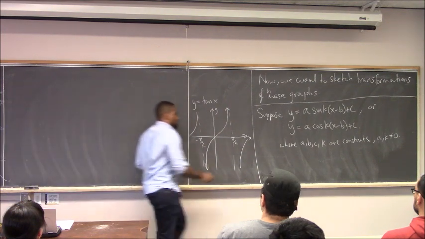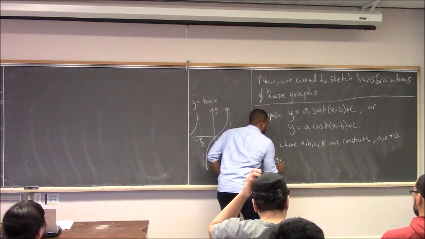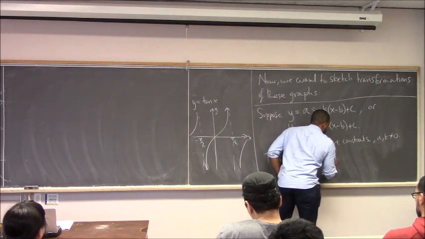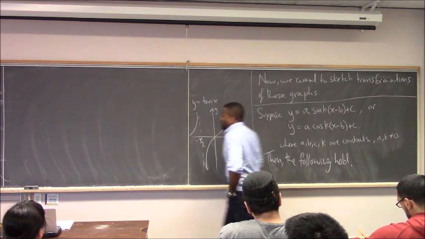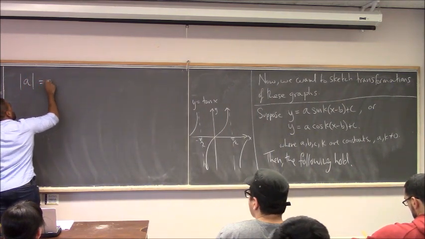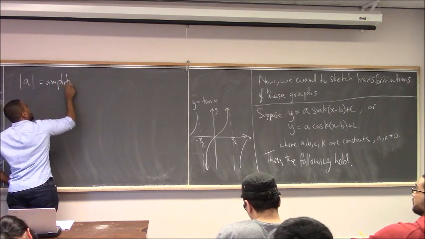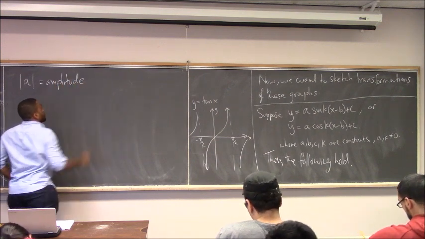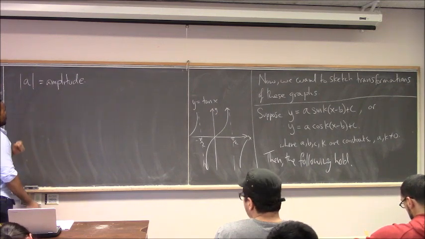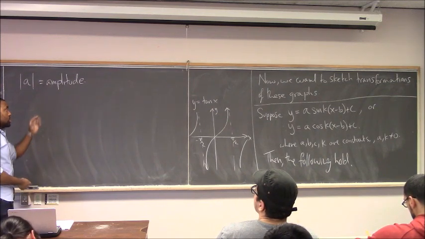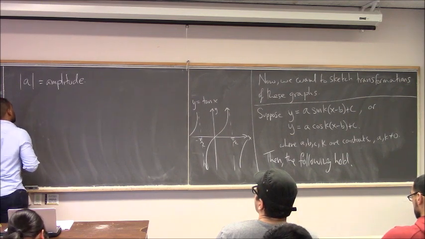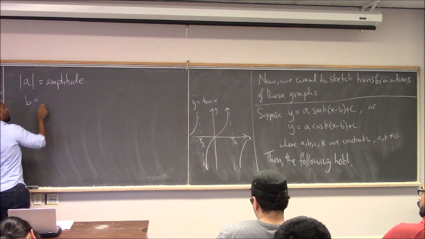Here is the following rule. The absolute value of a is called the amplitude. This pretty much tells you how far you stretch up and down from the rest position. I'm going to describe this in a picture to you pretty soon, but that's the name for it. b is called the phase shift.